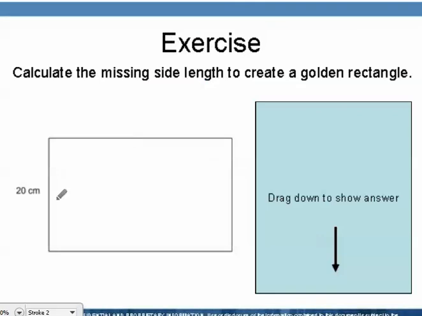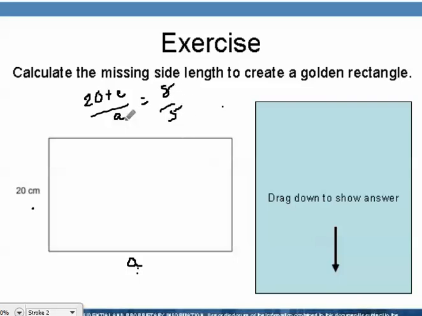This one is asking to find the missing side length to calculate the golden ratio. So remember, what were we looking at? A plus B divided by A would be what we'd be looking for. So we'd have 20 plus A divided by A equal to 8 over 5.